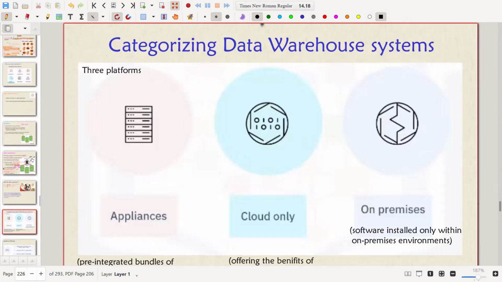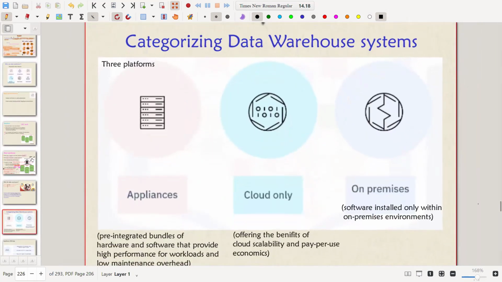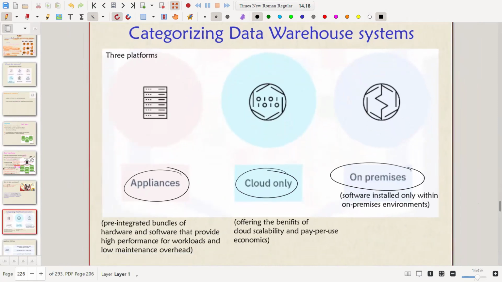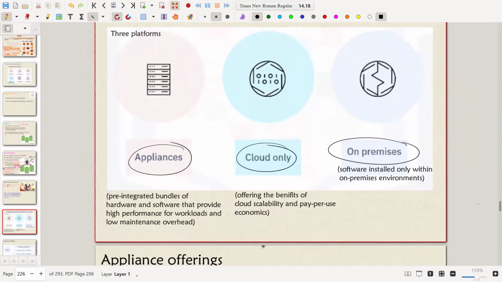As I was telling you before, there are different types of data warehouse systems you can categorize. One is appliance based, one is cloud-only platforms, and one is on premises. Let us go one by one. Appliances are pre-integrated bundles.